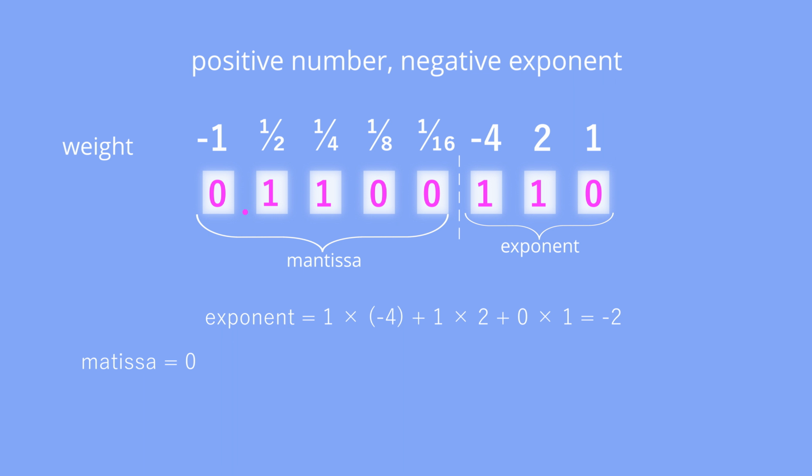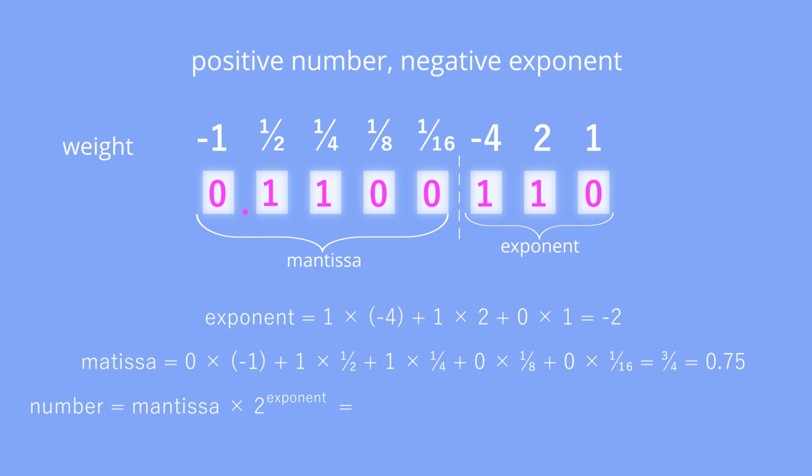The mantissa equals 0 times negative 1 plus 1 times 1 over 2 plus 1 times 1 over 4 plus 0 times 1 over 8 plus 0 times 1 over 16 and equals 3 over 4 or 0.75. The number equals mantissa times 2 to the power of exponent. So 3 over 4 times 2 to the power of negative 2 equals 3 over 16 or 0.1875.